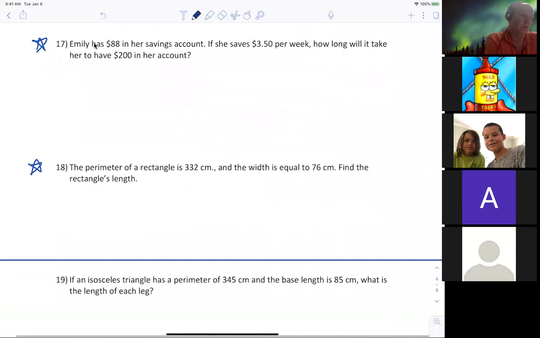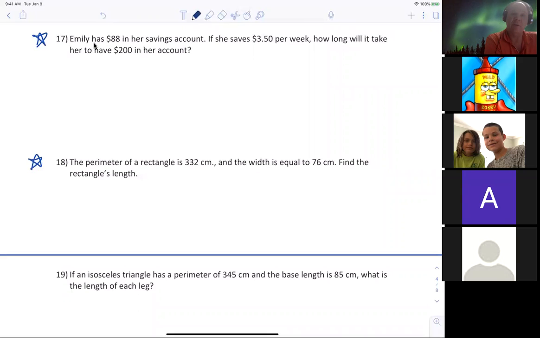Okay. So now for question number 17. All right. Again, we've got to set it up. Emily has $88 in her account. So I'm going to write $88 is in her account.